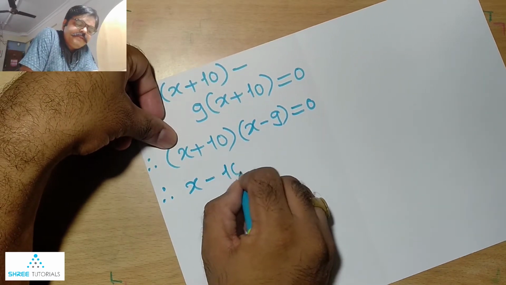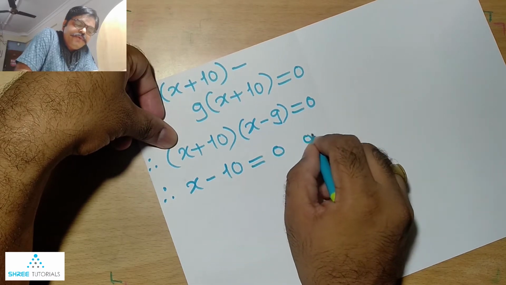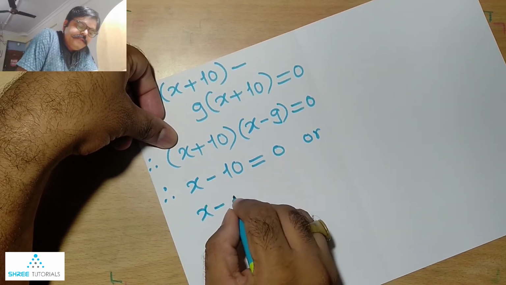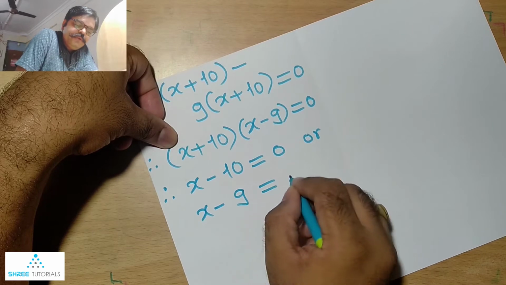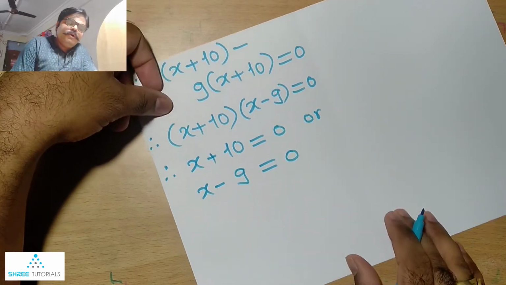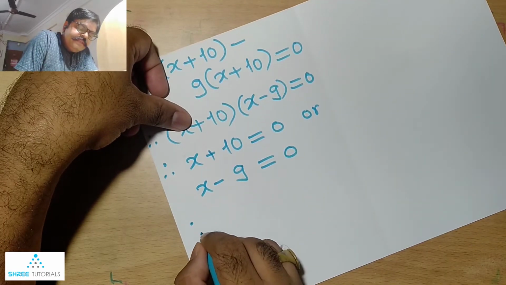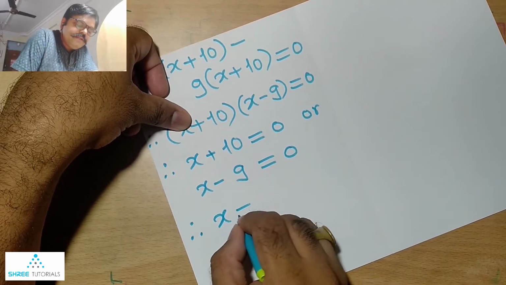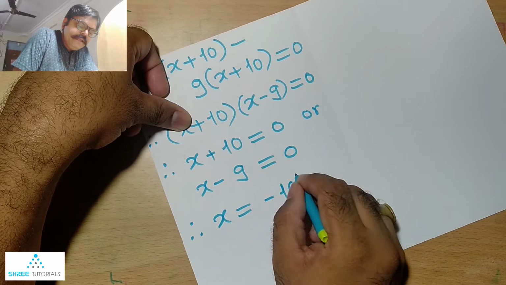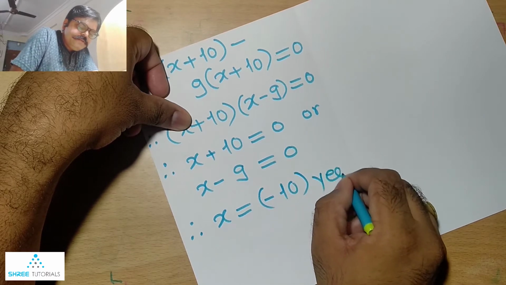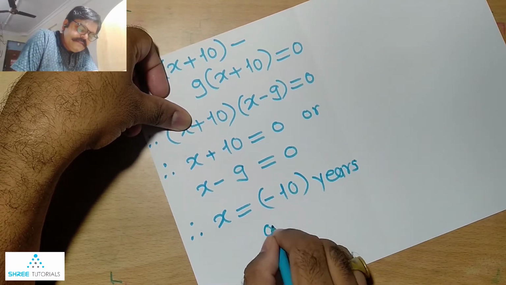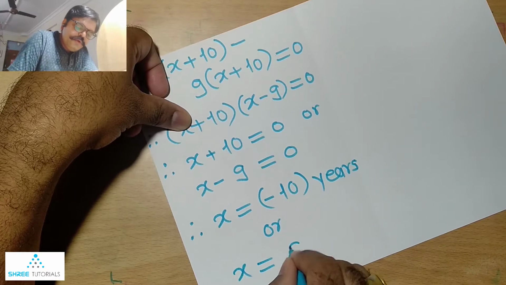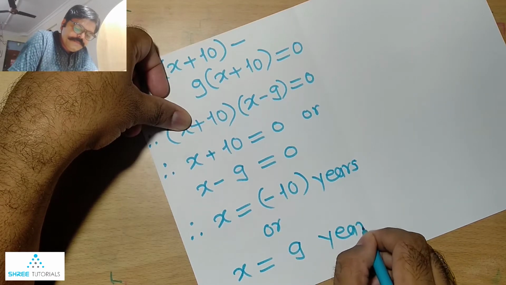Therefore x plus 10 should be equal to 0, or else x minus 9 should be equal to 0. One by one these give us different values for x, so x is equal to minus 10 years, or else x can be equal to 9 years.